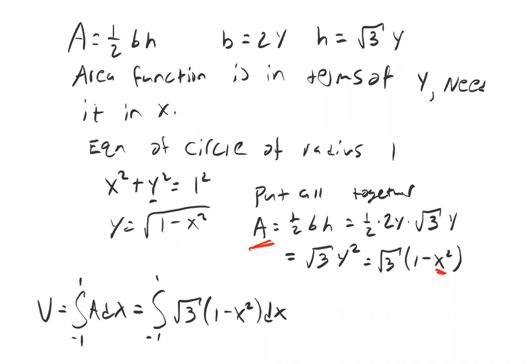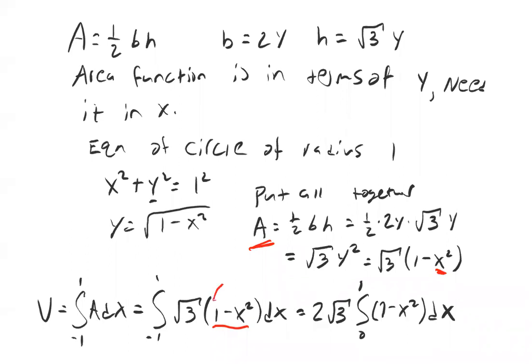This is an even function. You can use that symmetry. This is 2 times, pull out the square root of 3, the integral from 0 to 1 of 1 minus x squared dx. The way I know this is an even function is, if you look at this, it's a polynomial, and all of the factors of x appear in even powers.